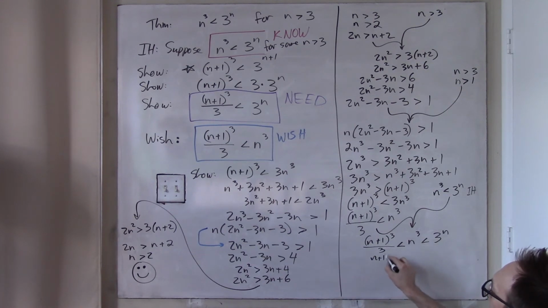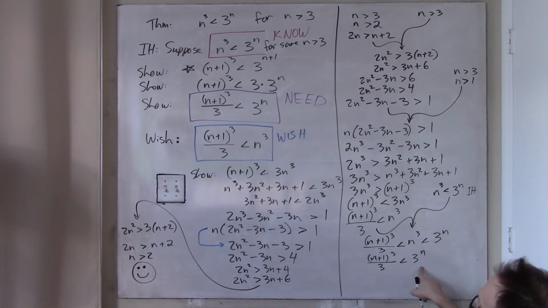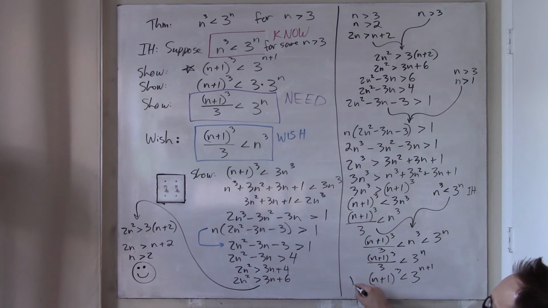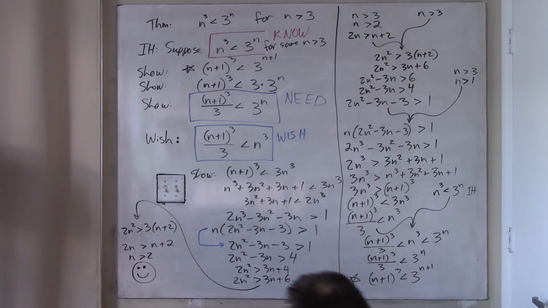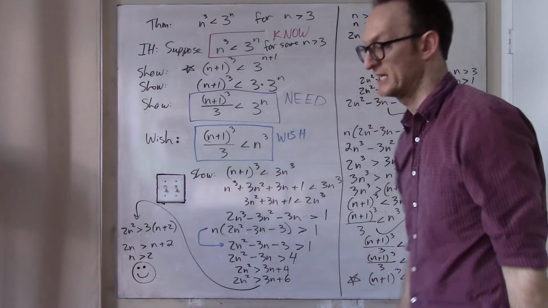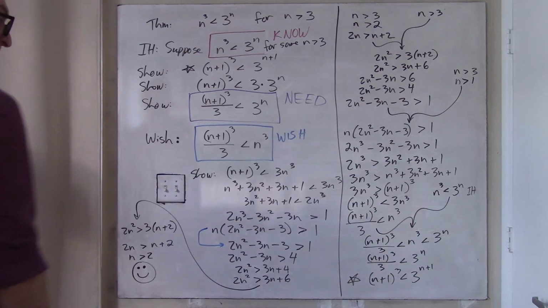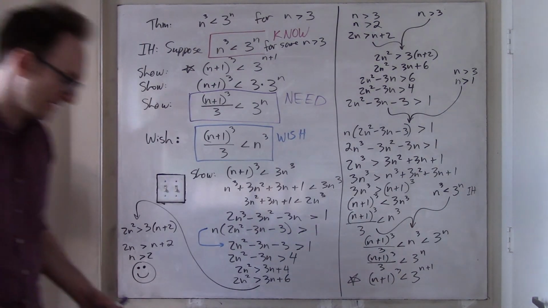And therefore, n plus 1 cubed over 3 is less than 3 to the n. And therefore, by multiplying both sides by 3, I get that this is 3 to the n plus 1. And this is exactly the fact that I needed. It shows that this property has been inherited.